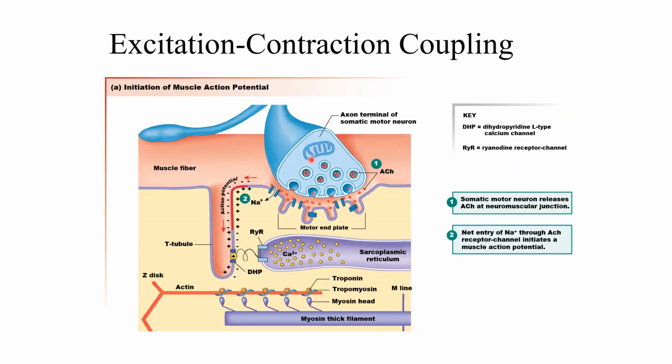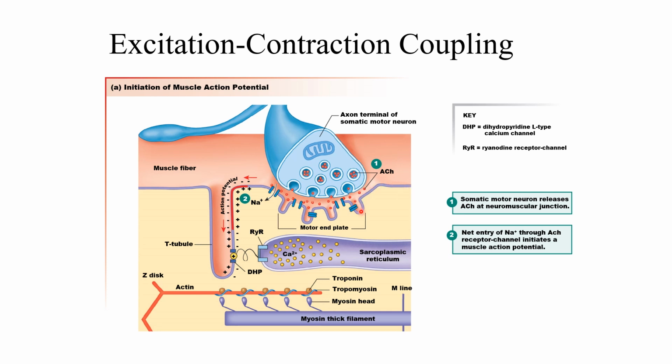Let's talk about what this image is showing us and the details that we see, and then we will talk about the steps that take place for our muscles to contract. You can see right here the axon terminal. This is where we have the neuromuscular junction, the connection between the neurons and our muscle fibers or muscle cells.